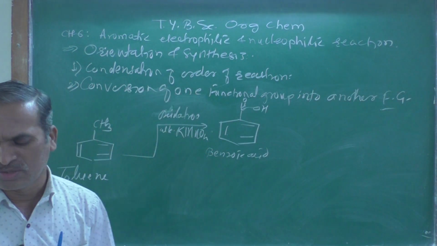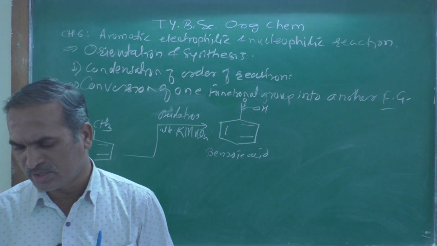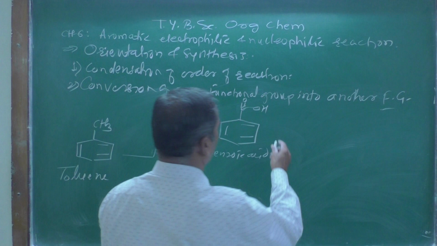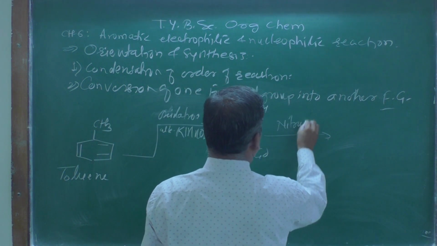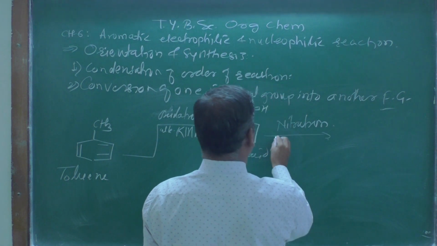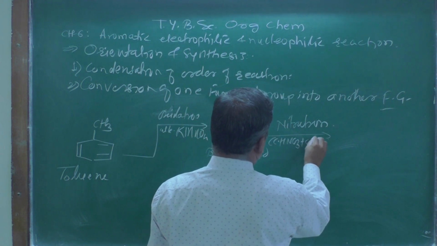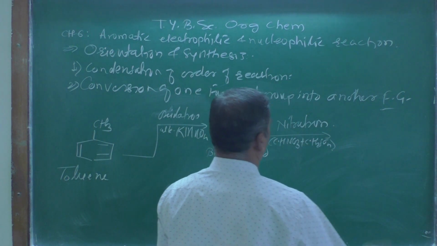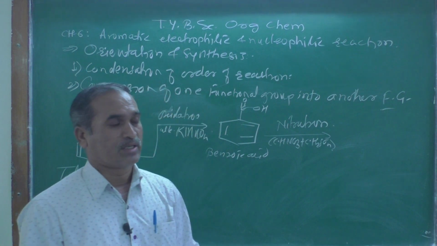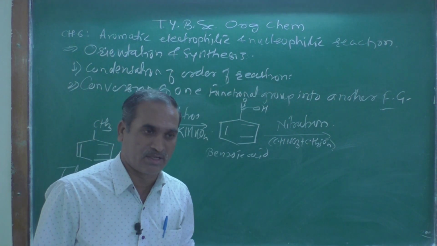When we carried out this reaction, first was oxidation, and then it is further treated with the nitration reaction. Nitration reaction, as we know, uses concentrated HNO3 plus concentrated H2SO4.